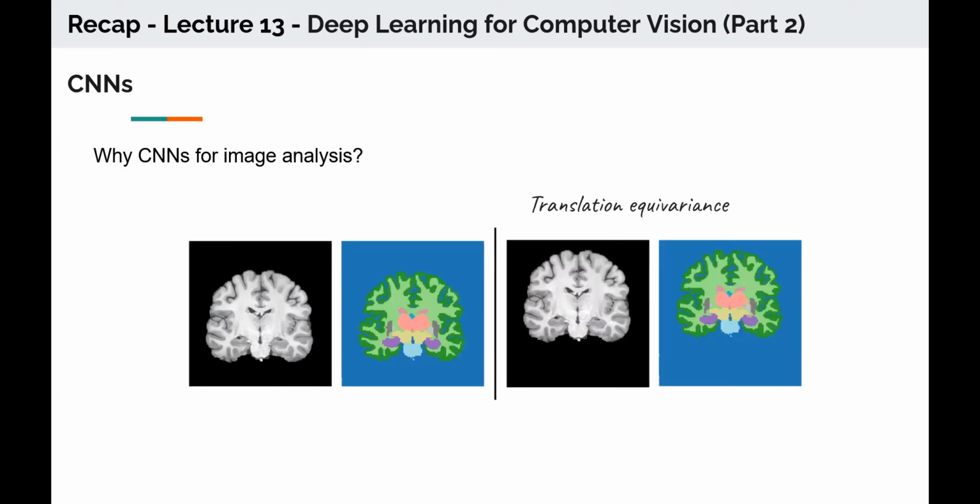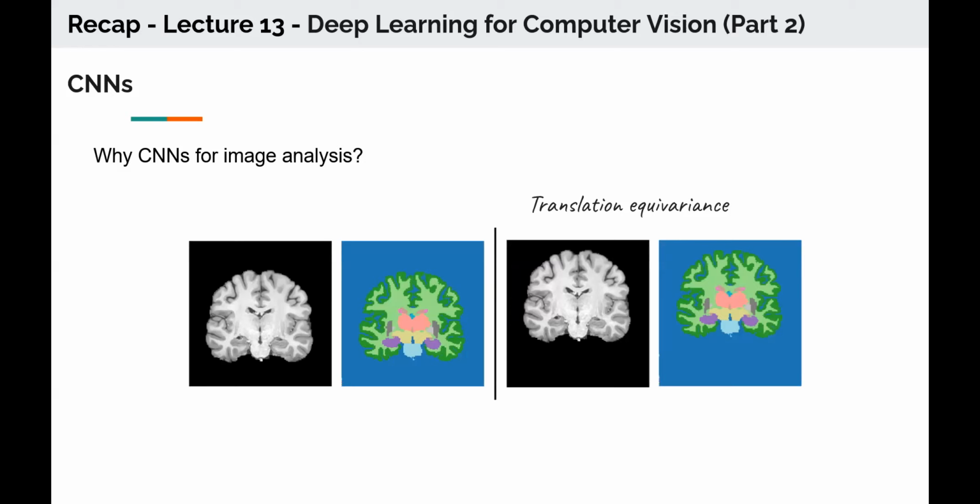And then we had this idea of equivariance and invariance towards certain transformations, in particular for translation. And we saw that because of the convolution operator being shift invariant, we have this translation equivariance in CNNs. And there was a nice question as to what happens when we are pooling.